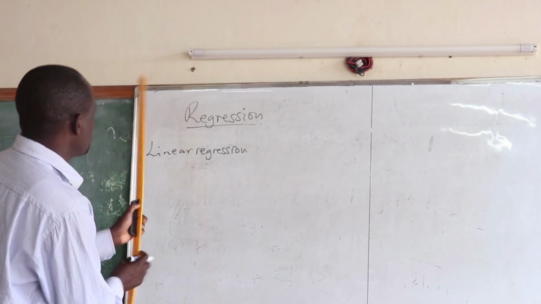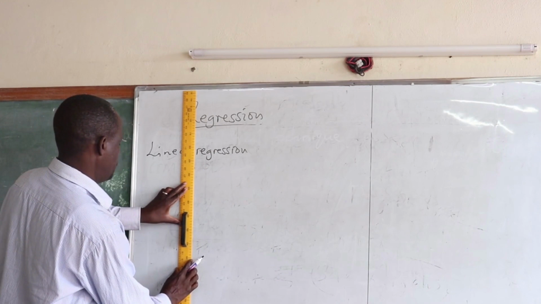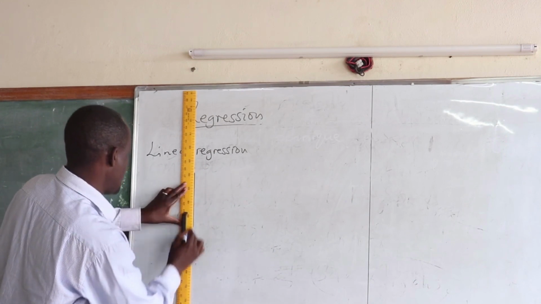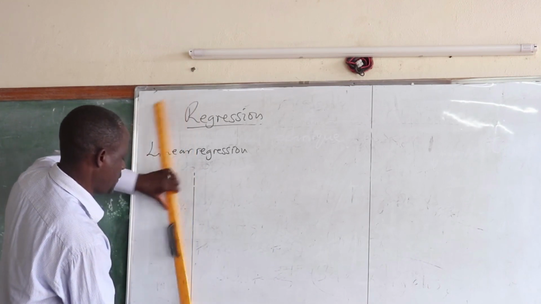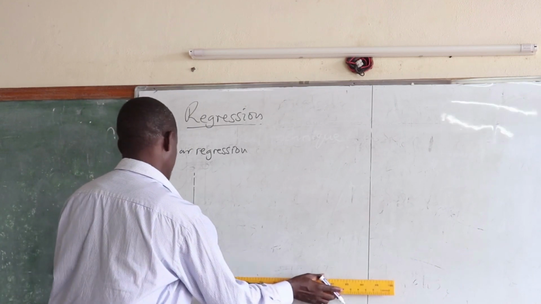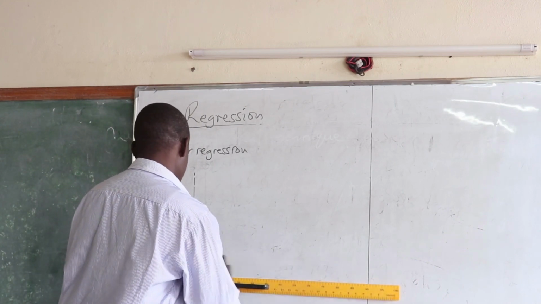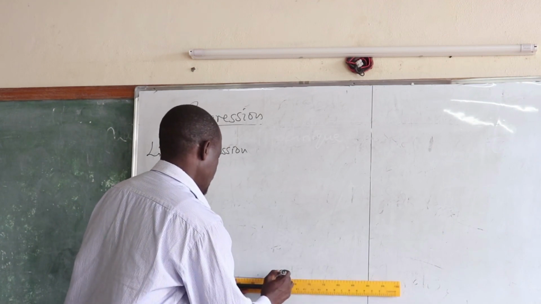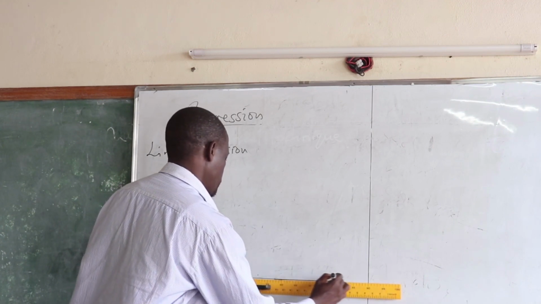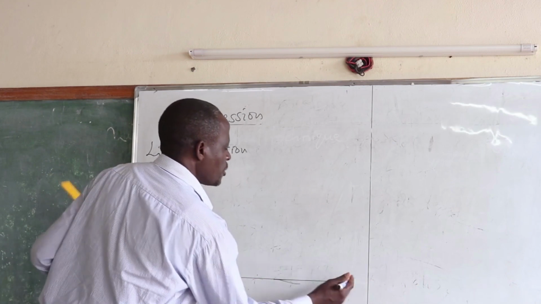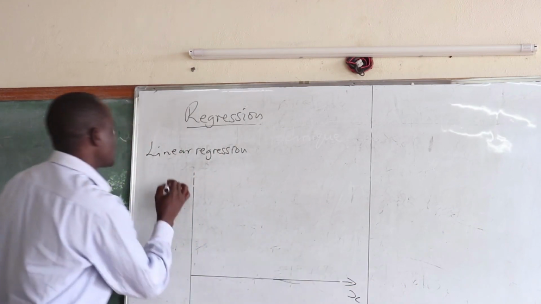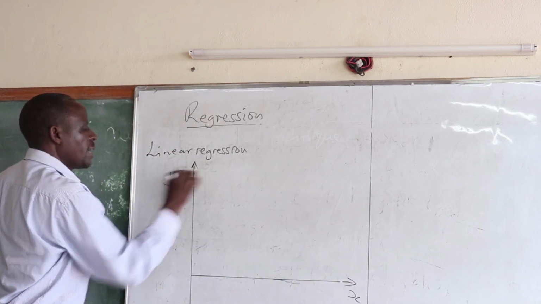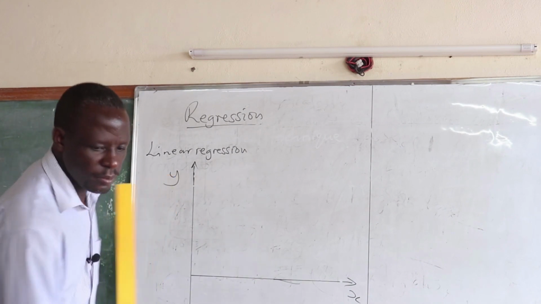For example, I may have that particular graph. We all know that this is the x-axis and this is the y-axis.